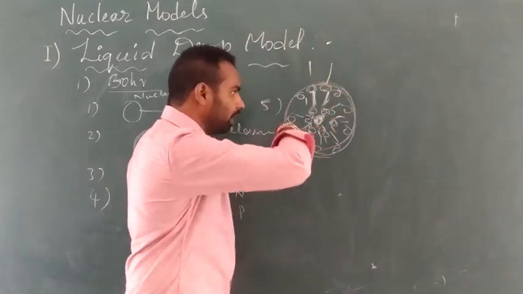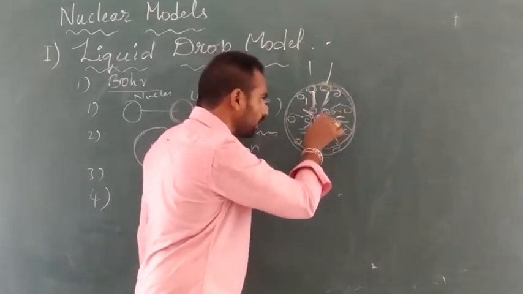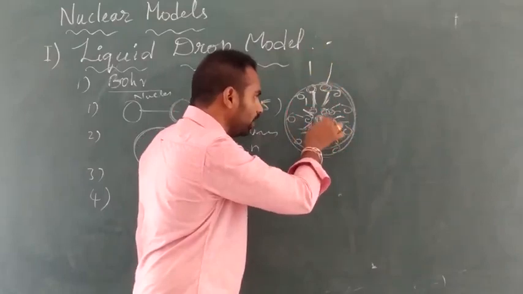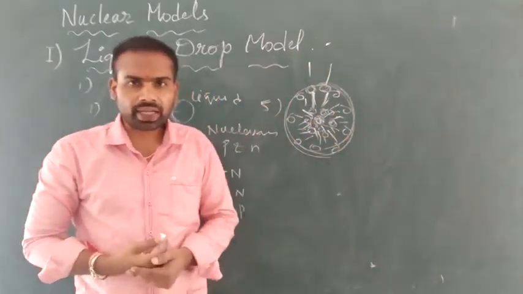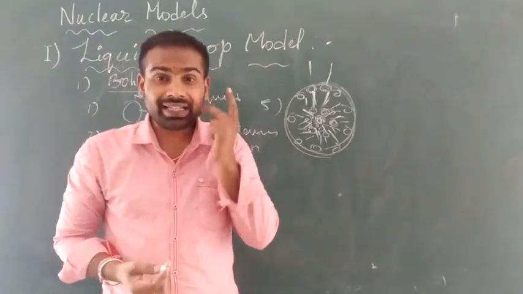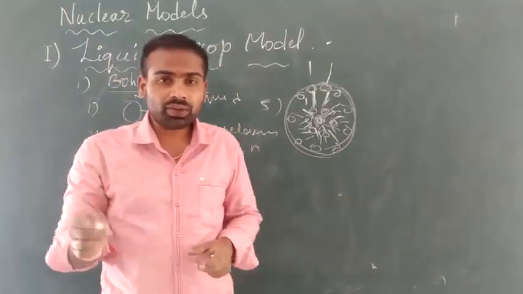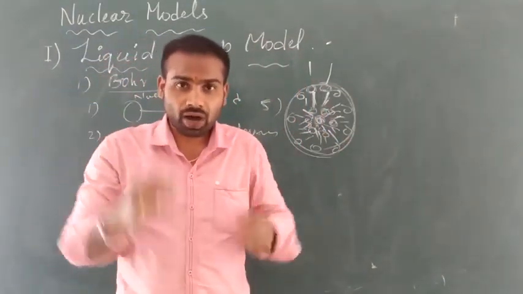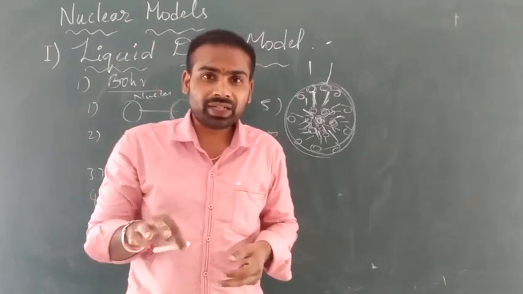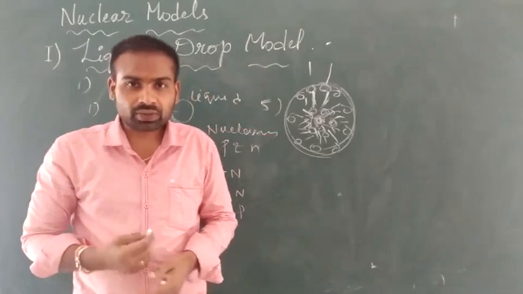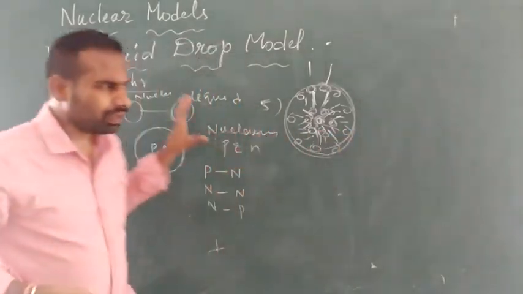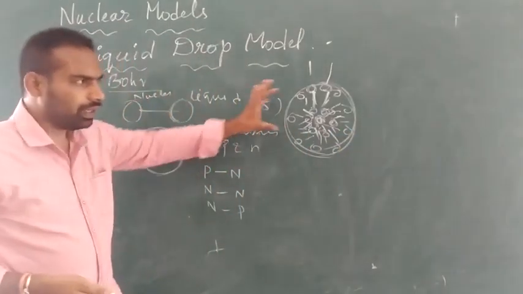So the binding energy of the protons and neutrons on the surface is smaller compared to that of the protons and neutrons in the middle of the nucleus.